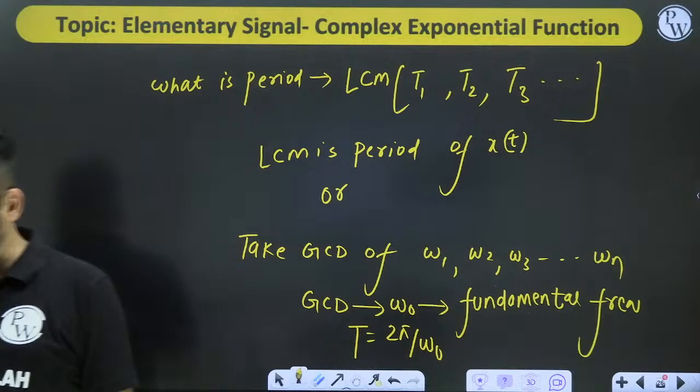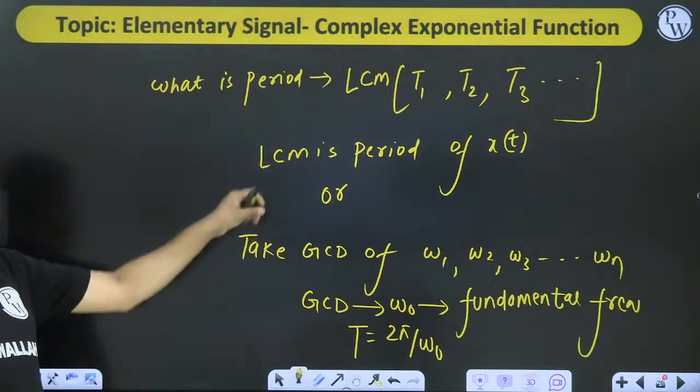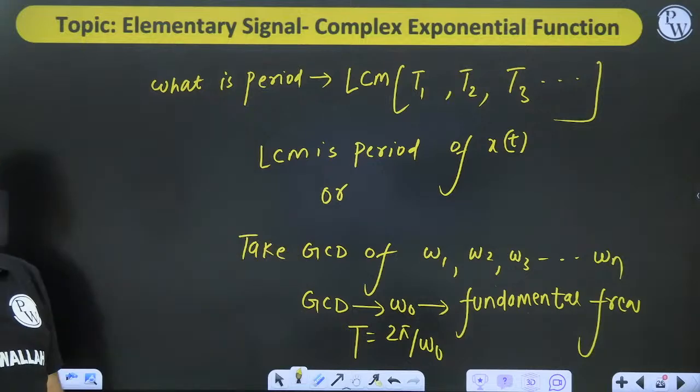So total T is 2 pi over omega naught. These are the two methods from which you can find out the period of this function.